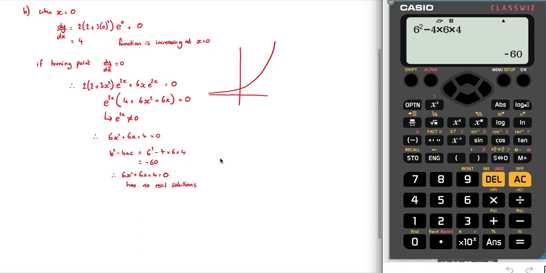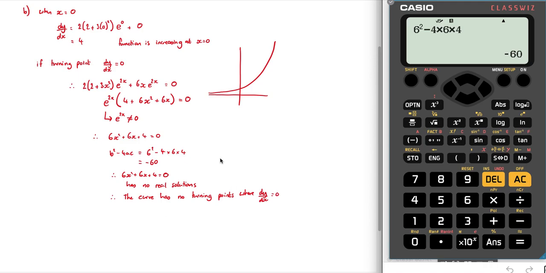So therefore the curve has no turning points where dy by dx is 0.